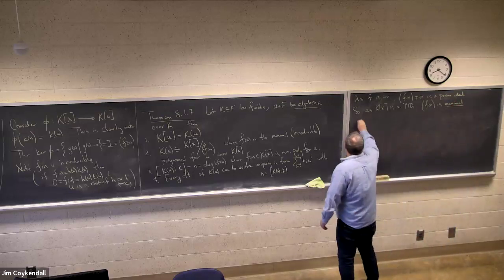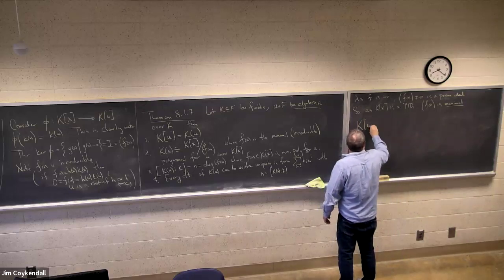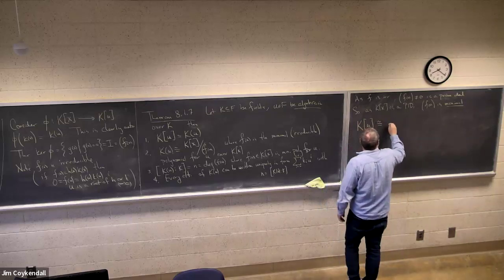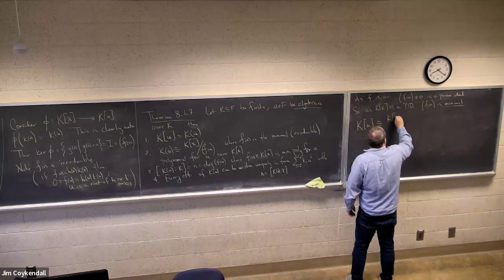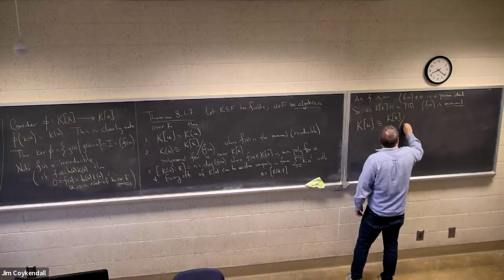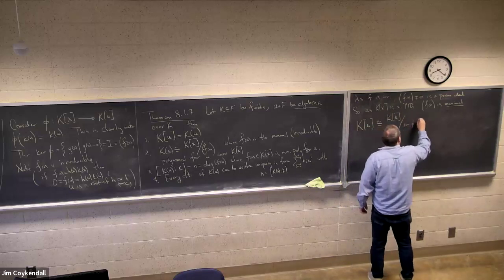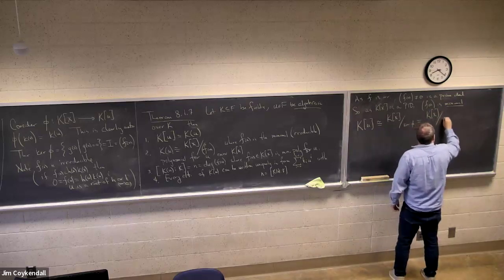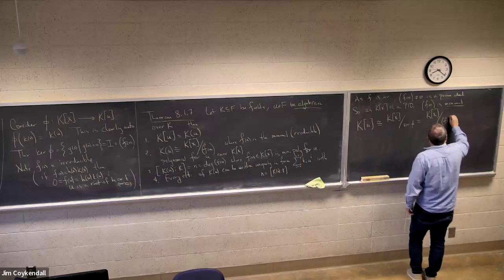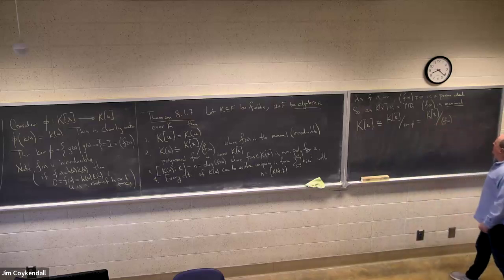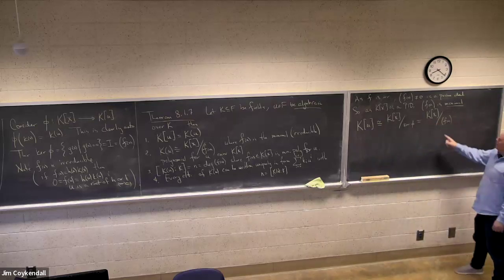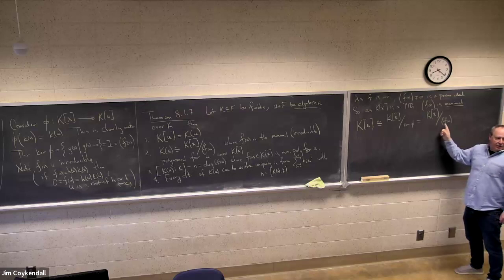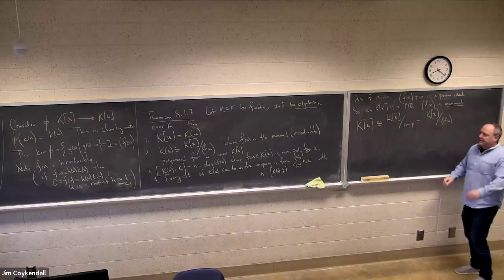Notice that K(u) is isomorphic to K[x] mod the kernel of phi, K[x] mod the ideal generated by f of x. But this is a maximal ideal, and so what can you say about this?